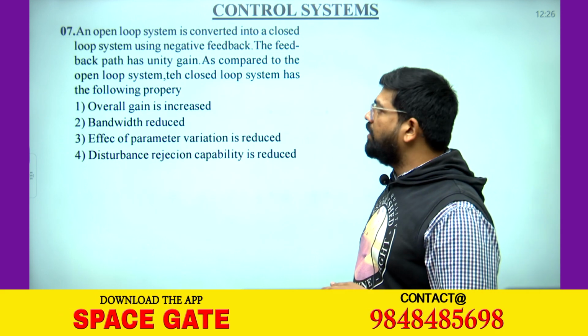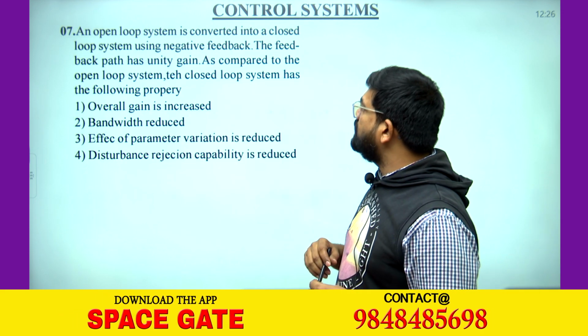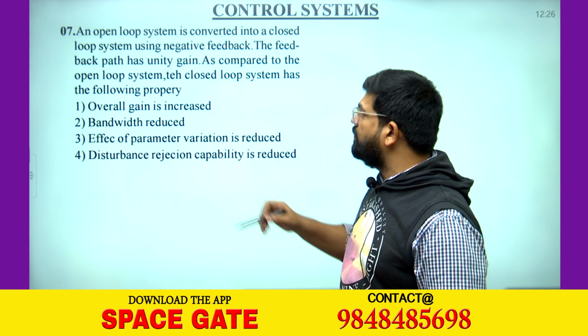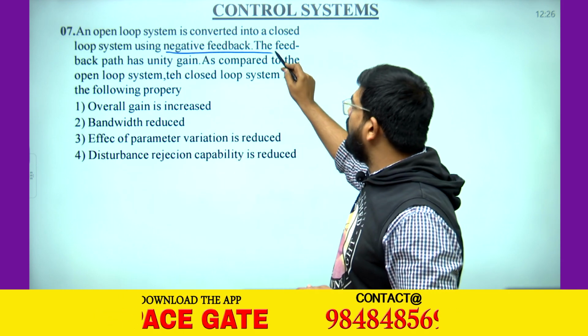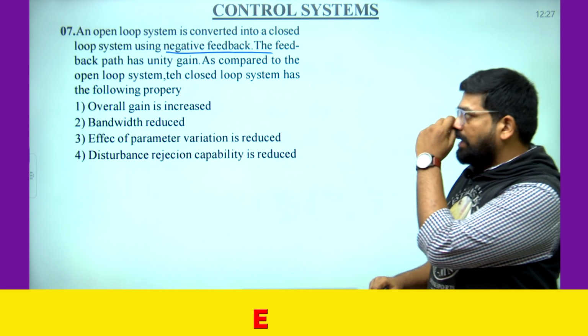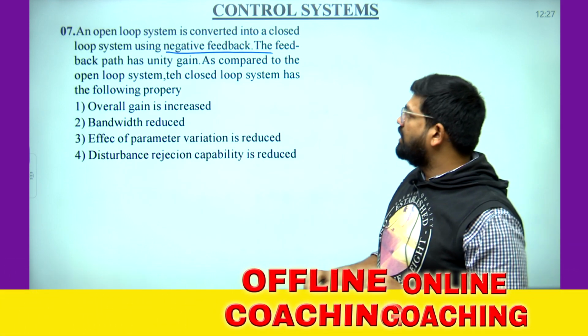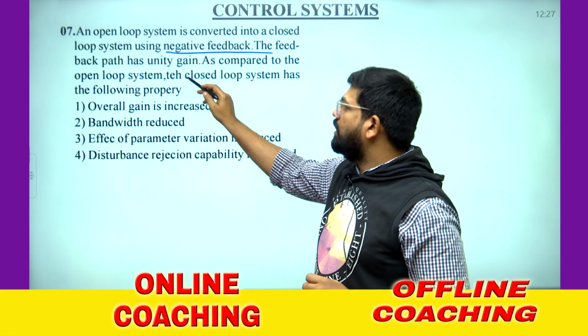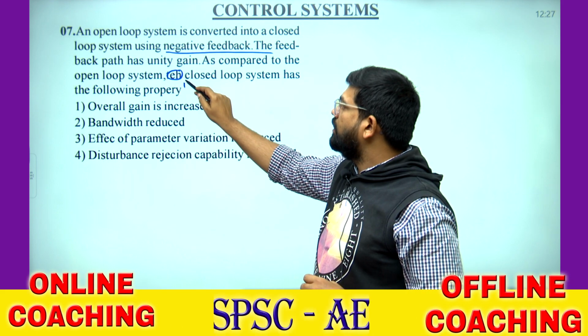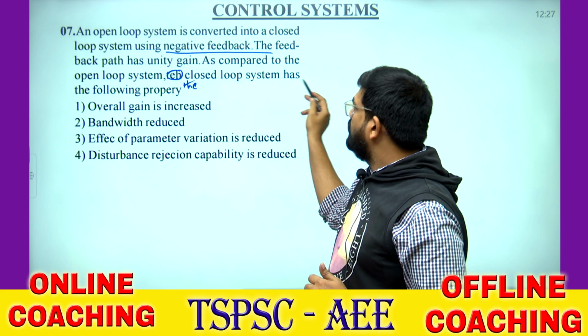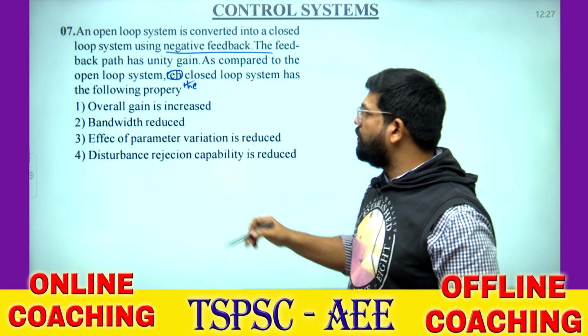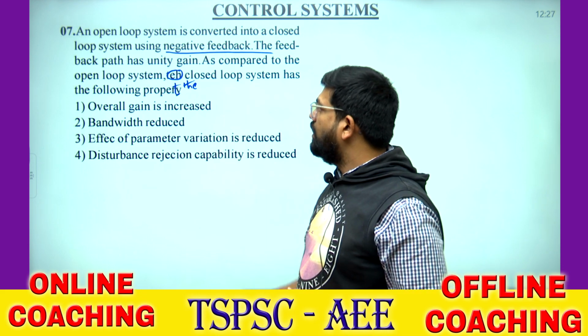Read the question properly. An open loop system is converted into a closed loop system using negative feedback. The feedback path has a unity gain as compared to the open loop. The closed loop system has the following property. Okay, look at here.